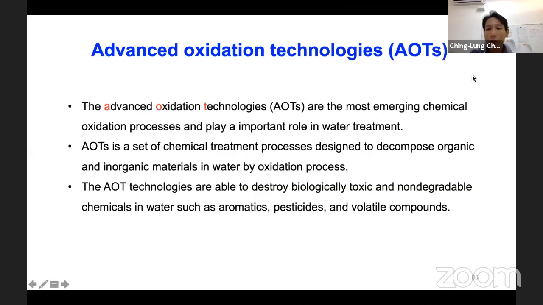We call it AOT. Advanced oxidation technologies are the most emerging chemical oxidation processes and play an important role in water treatment. AOT is a set of chemical treatment processes designed to decompose organic and inorganic material in water by oxidation. AOT technology is able to destroy biologically toxic and non-degradable chemicals in water, such as aromatics, pesticides, or volatile compounds.